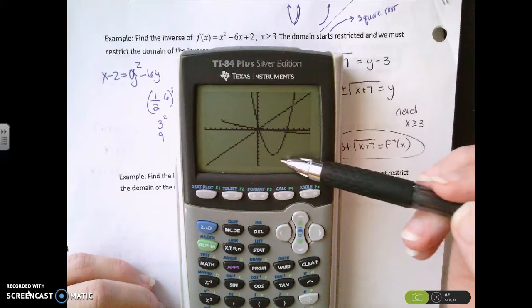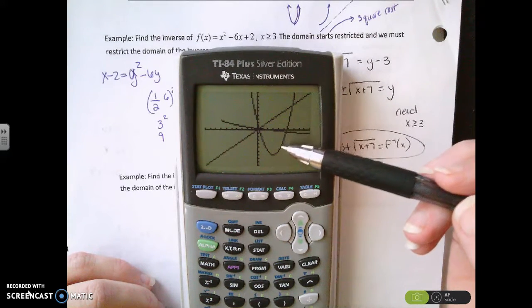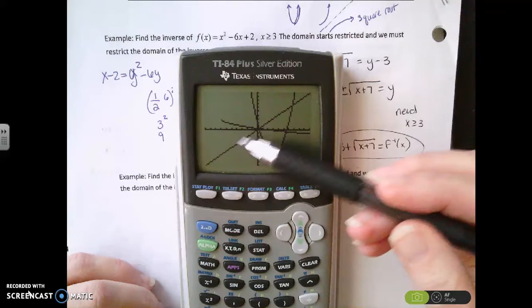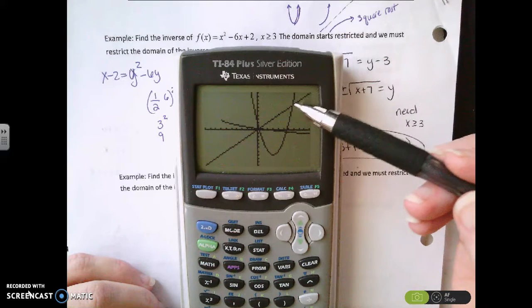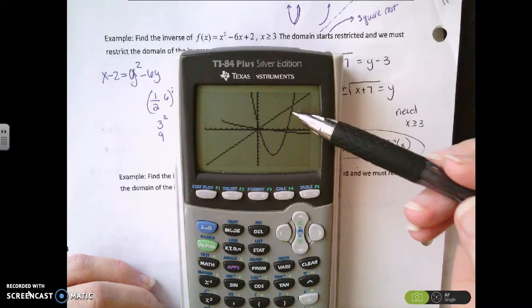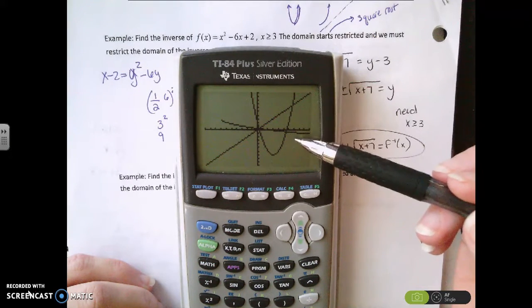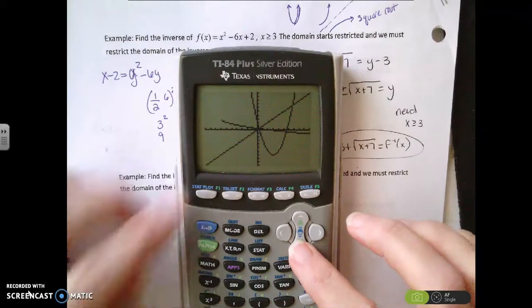So if I look at this line here and I reflect it over the y equals x line, they should be touching right here. The inverse line and the parabola should be touching right here. So this point right here on the parabola should be over here somewhere. And that's not what's happening with this inverse line.